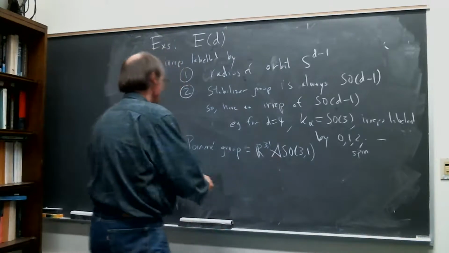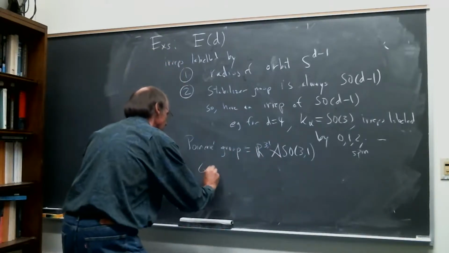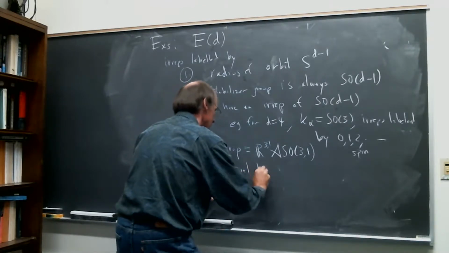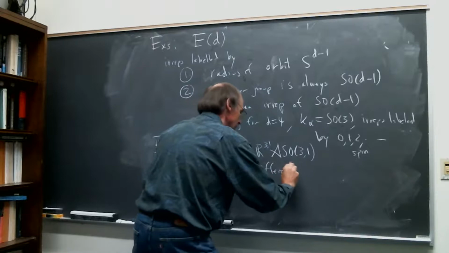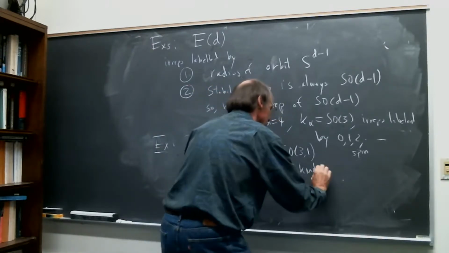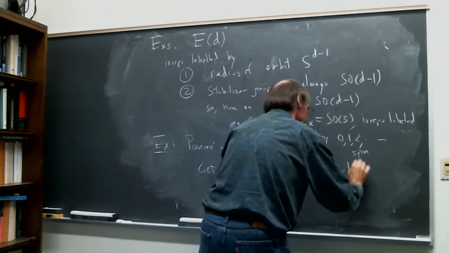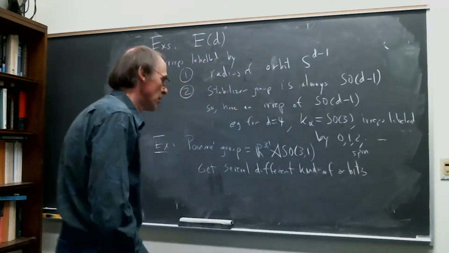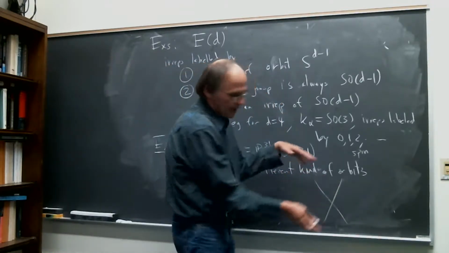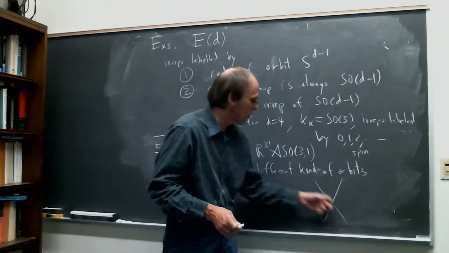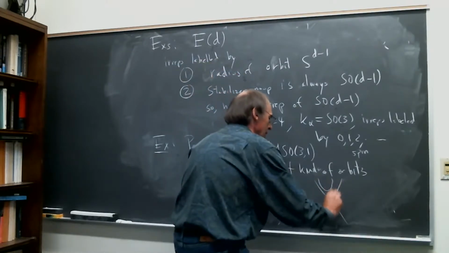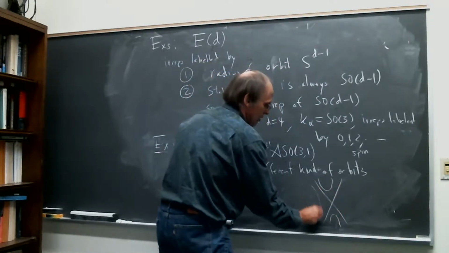And so here what happens is you get several different kinds of orbits. Because in Minkowski space, you have a light cone of things with zero length, or you have things that look like that, or things that look like this.